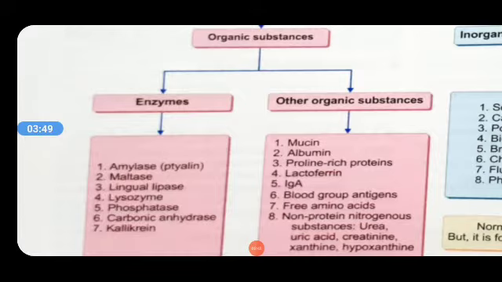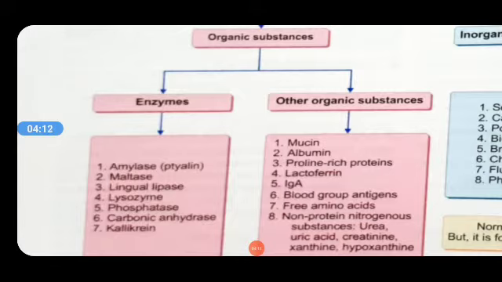The first enzyme is amylase. This amylase is also called ptyalin, where the P is silent. Next are maltase, lingual lipase, lysozyme, phosphatase, carbonic anhydrase and kallikrein.